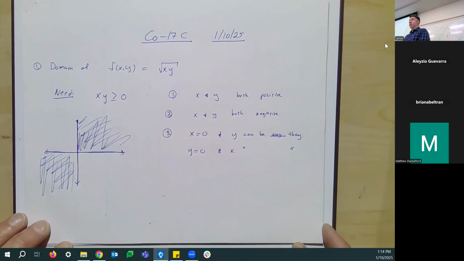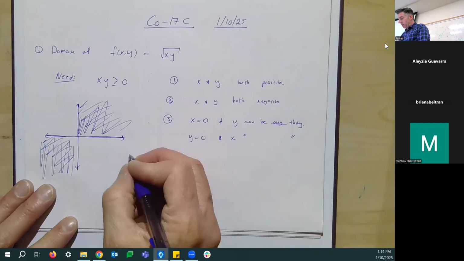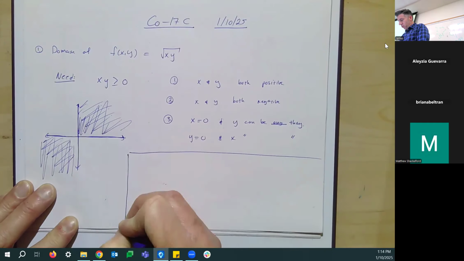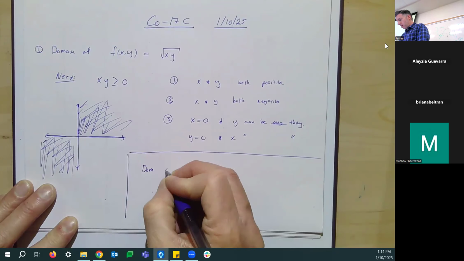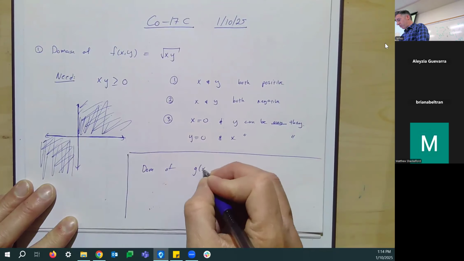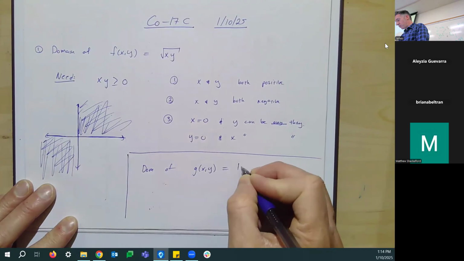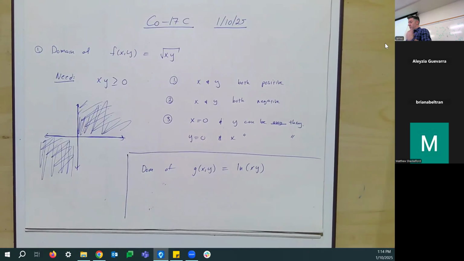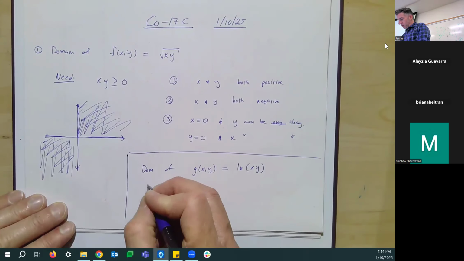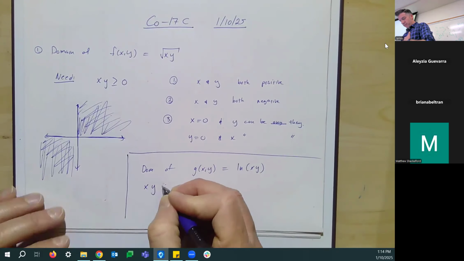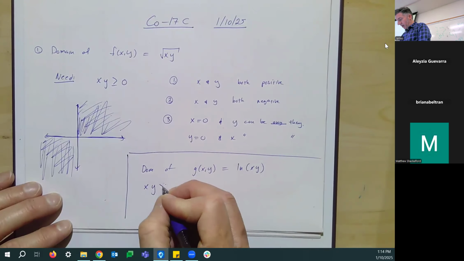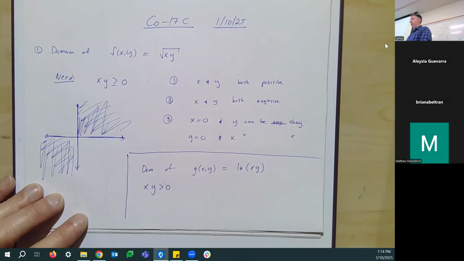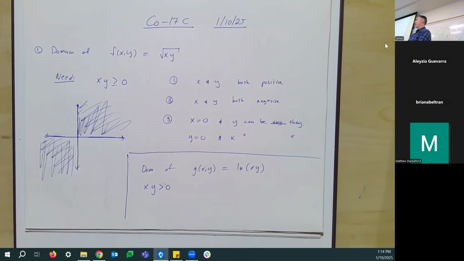If, on the other hand, the question had been, what's the domain of g of x comma y equal to the natural log of x times y, then we would not include the axes, because here our domain would be the solution to the inequality x times y is strictly greater than 0. Drawing this would be kind of a pain.